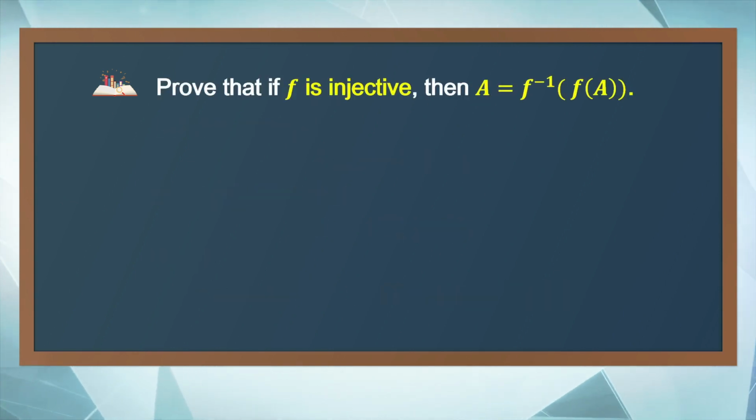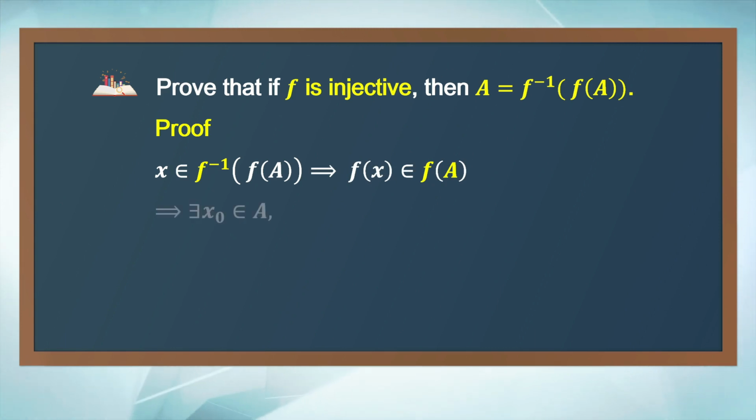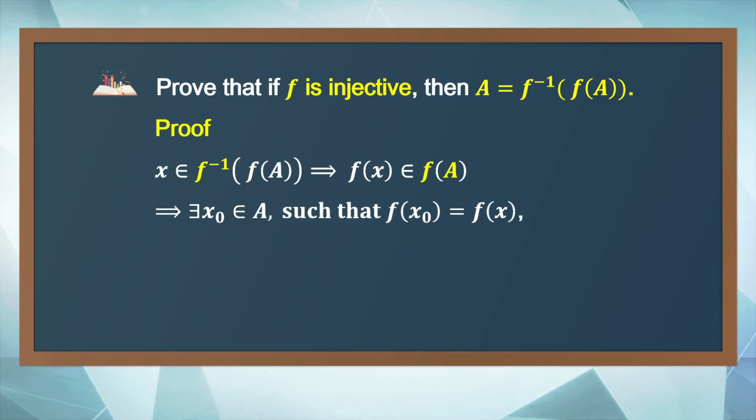Now suppose f is injective. If x is an element of the preimage of the image of A, then f(x) is an element of the image of A. Then there exists x_0 in A such that f(x_0) equals f(x).